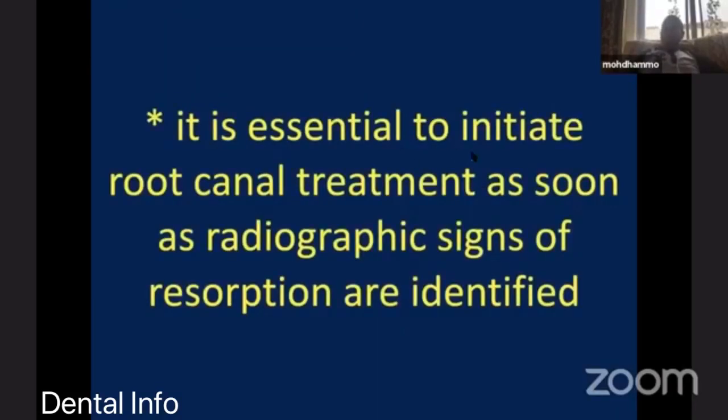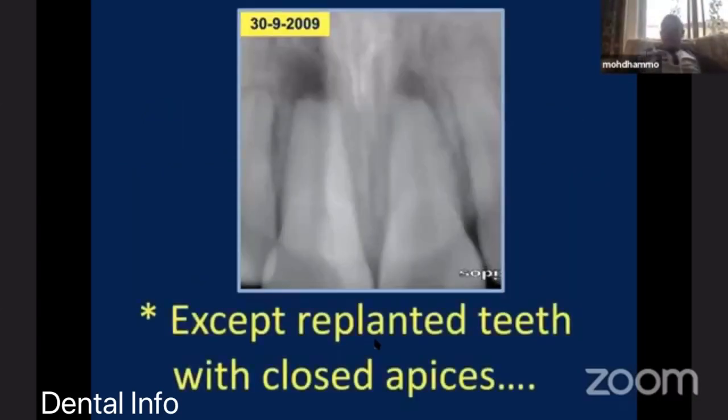It is essential to initiate root canal treatment as soon as radiographic signs of resorption are identified. So in any case, if you see any external inflammatory resorption, you have to start root canal treatment immediately. But we have an exception here: the case of replanted teeth.